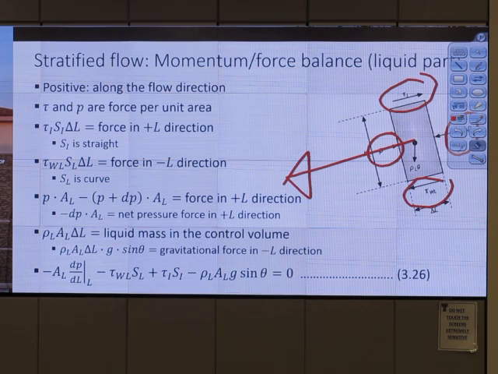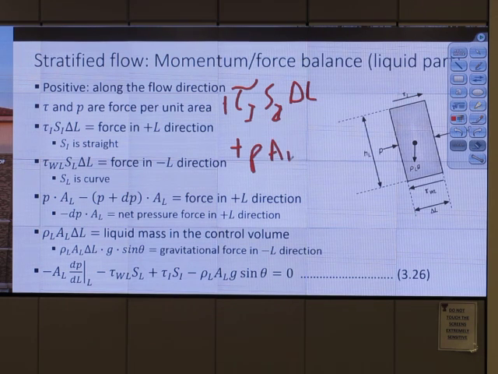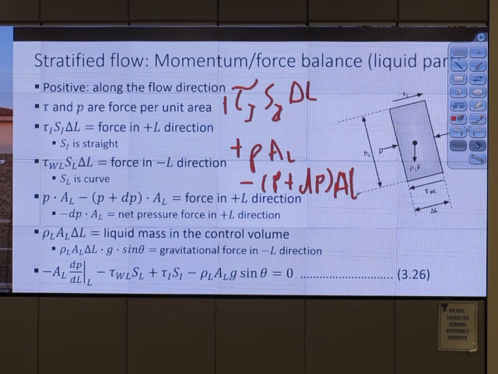So on the right hand side I have tau I multiplied by SI delta L, plus P AL. Force to the left hand side is minus P plus dP times AL, minus tau WL SL delta L. SL is the curve on the bottom.